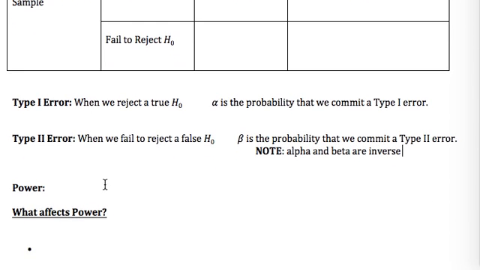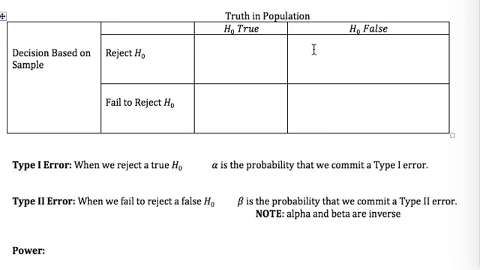Okay, we're also going to talk about power, but before I do that, I kind of wanted to fill in this table up here. So if we reject a true H sub O, is that good or not good? Not good. I'm unhappy. That is not good. An error has been committed.